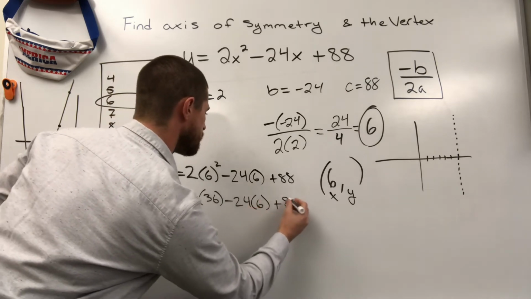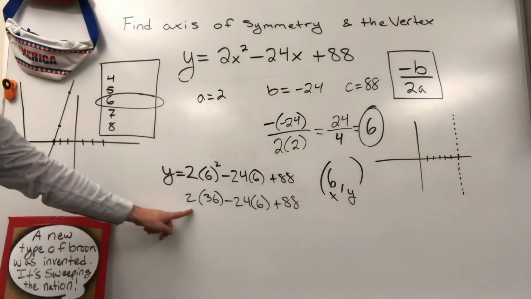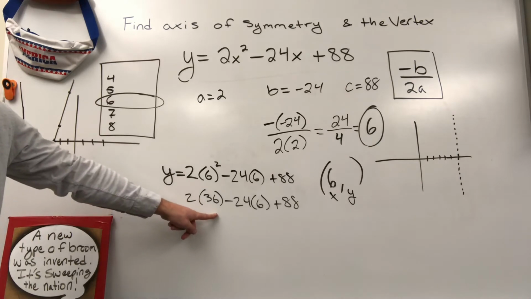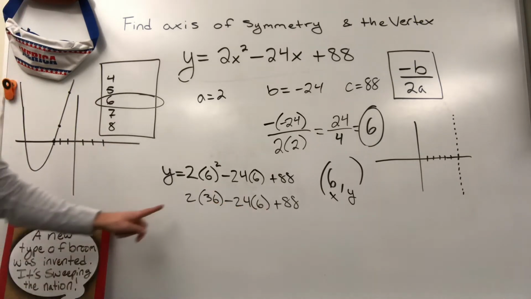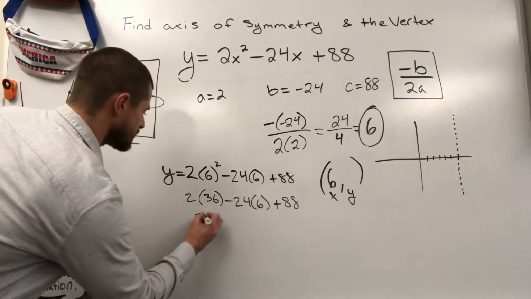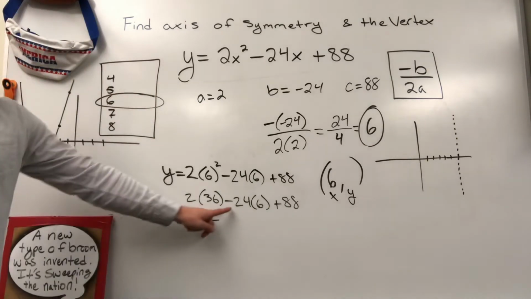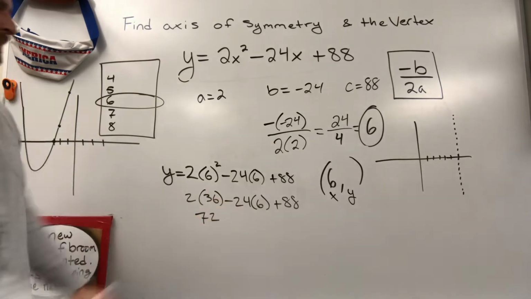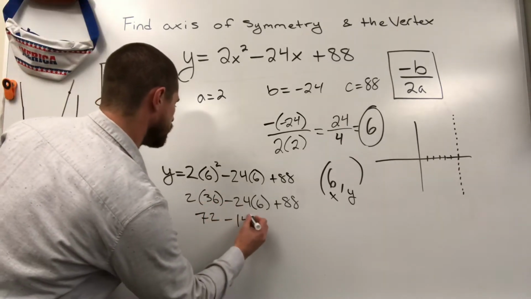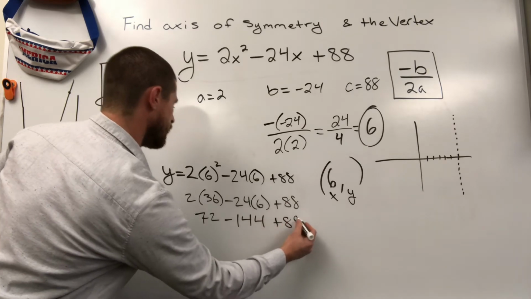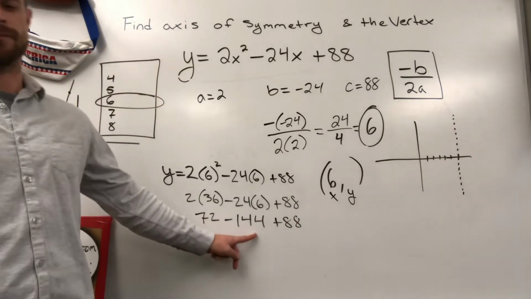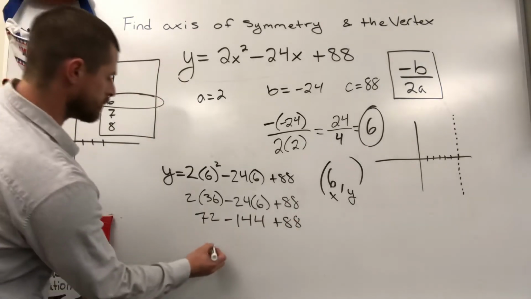Now I need to multiply 2 times 36, and then I also need to multiply negative 24 times 6. So 2 times 36 is going to give me that 72. Negative 24 times 6 is going to give me negative 144. And then we're going to add 88 at the end. So I take 72 minus 144, leaving me with negative 72.